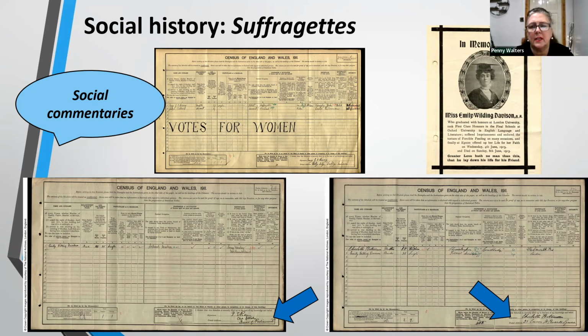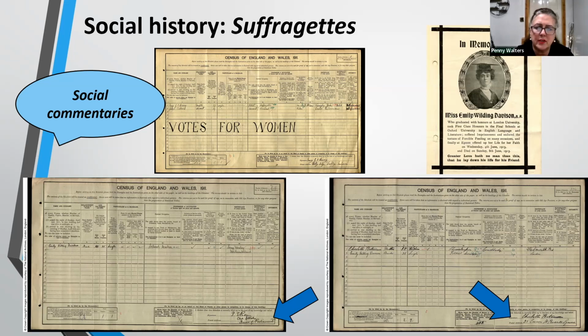Interestingly, one of the suffragettes, Emily Wilding Davison, was very prone to complaining very, very loudly. Basically, she was the lady that a few years later ran across a race course and was hit by the horse, the king's horse, and she spent a few days in hospital and sadly died. So this was a very vocal woman.